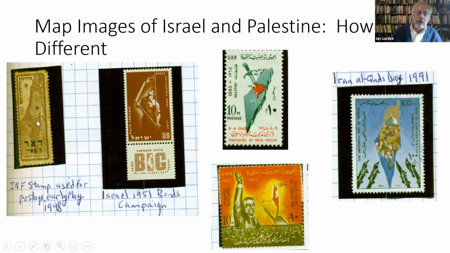This is a stamp put out by part of the World Zionist Organization called the Jewish National Fund, which raised money for natural resources, forestation, and for the acquisition of land to put at the disposal of Jews who wanted to settle in the country. It doesn't say Israel on it, it says Medinat HaYehudim, the state of the Jews. Keren Kayemet Israel, Jewish National Fund.